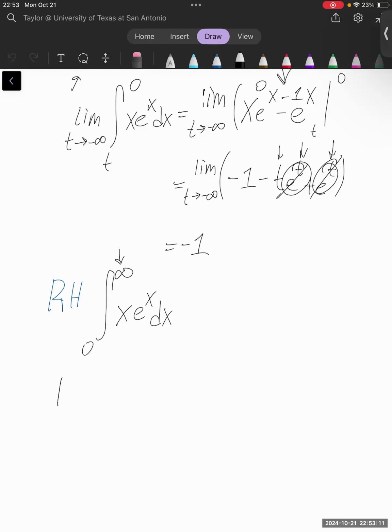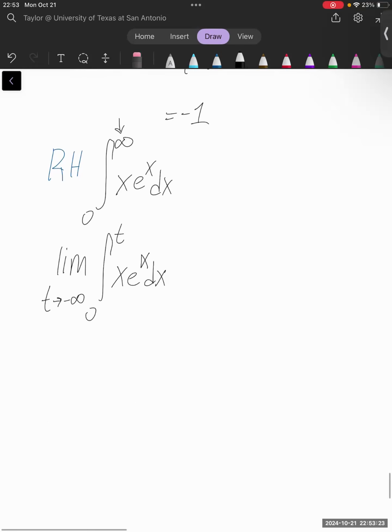So I have the limit as t approaches infinity of the integral from 0 to t of x e to the x dx. And again, by integration by parts, this yields the limit as t approaches positive infinity of x e to the x minus e to the x on the bounds from 0 to t.